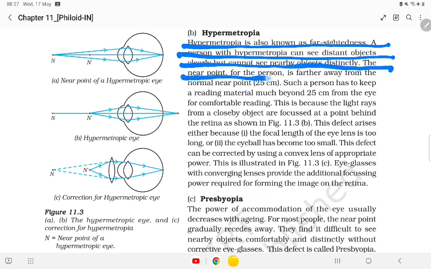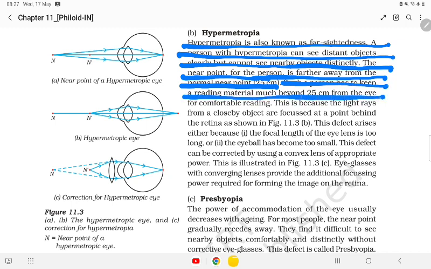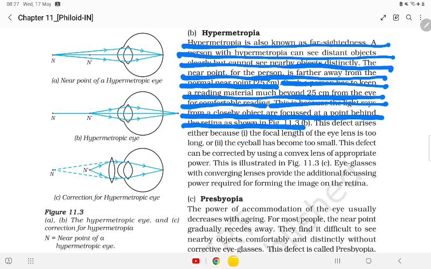The near point for the person is farther away than the normal near point of 25 centimeters. Such a person has to keep reading material beyond 25 centimeters from the eye for comfortable reading. This is because the light rays from a close object are focused at a point behind the retina, as shown.